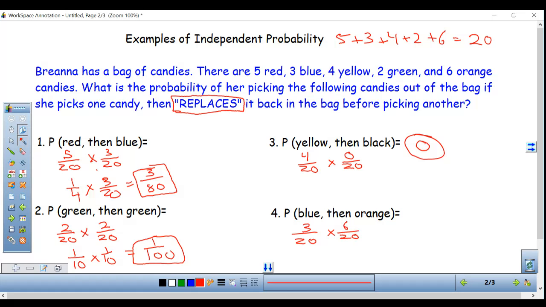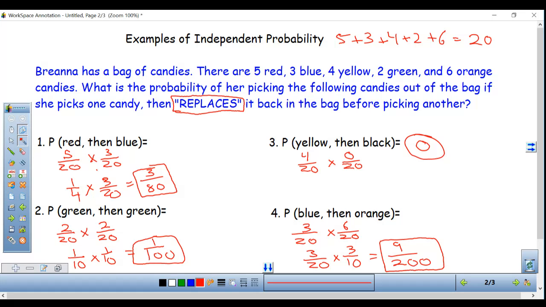I've replaced everything, so all the candies are back in there the second time around. I cannot simplify 3 over 20, but I can simplify 6 over 20 to 3 over 10. 3 times 3 is 9, and 20 times 10 is 200. I can't simplify any further than that. My answer is 9 out of 200.